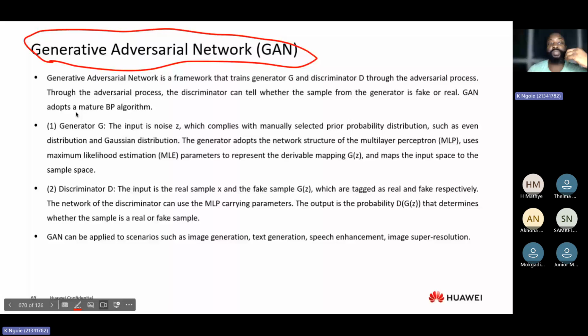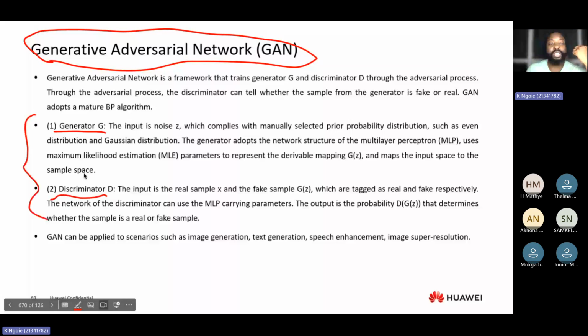So how does the GAN algorithm work? This is a neural network which works as 2 neural networks, playing 2 different roles. The first one is a generator, and the second one is a discriminator. Both neural networks are trained at the same time.